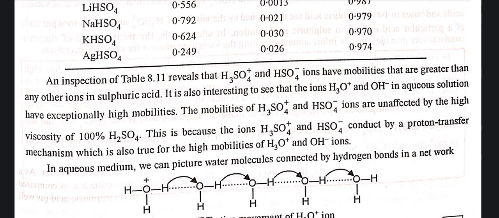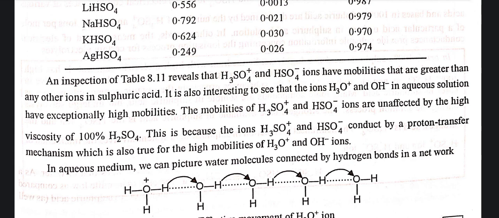H3SO4+ and HSO4- ions have mobilities that are greater than any other ions in sulfuric acid. It is also interesting to see that the ions hydronium and hydroxide in aqueous solution have exceptionally high mobility.